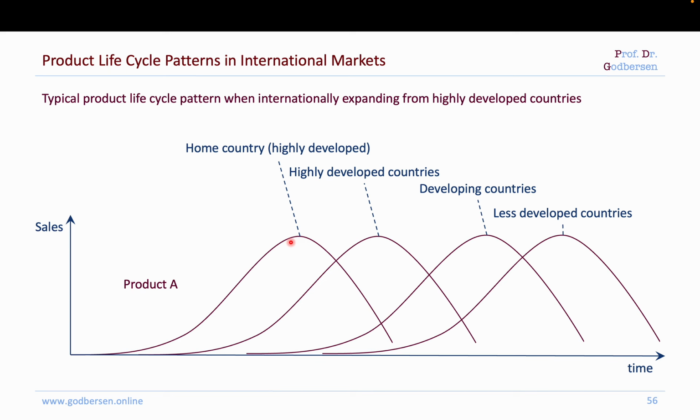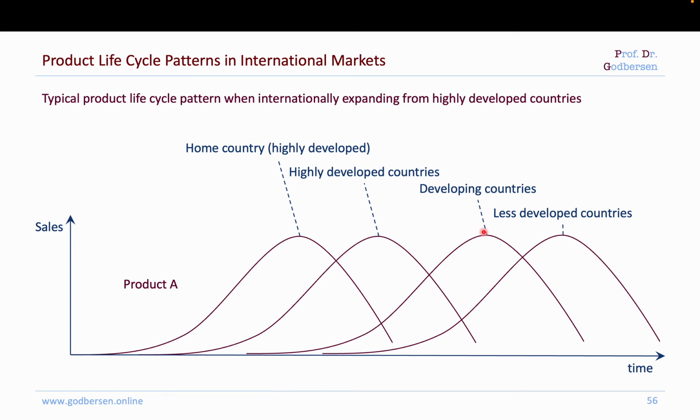So if you come from the UK or France, Germany, Sweden, you would go to other European countries or the US, Australia, so other highly developed countries, and sell your product there. So before your product goes down the product life cycle in your highly developed country, you try to expand your operations to a developing country like India, China, and so forth.